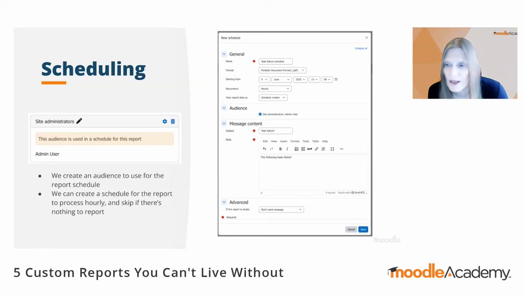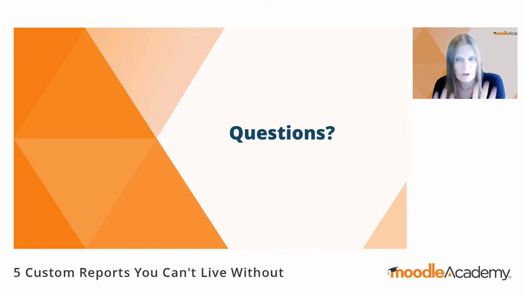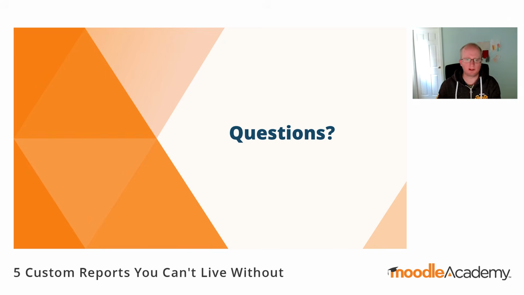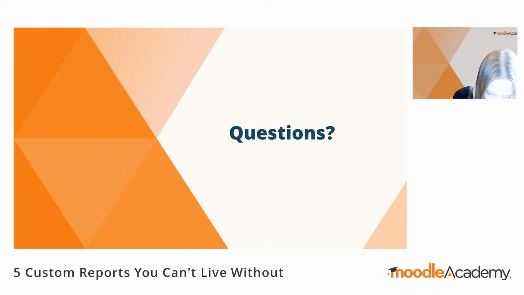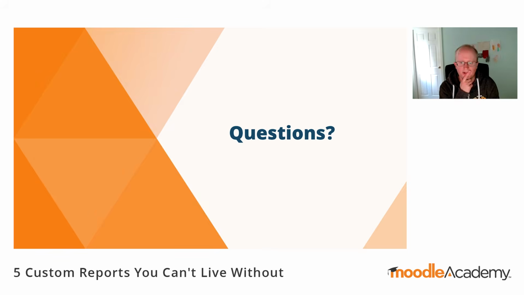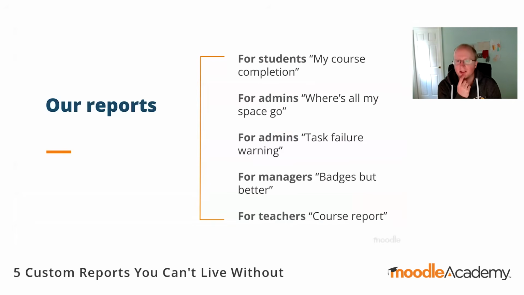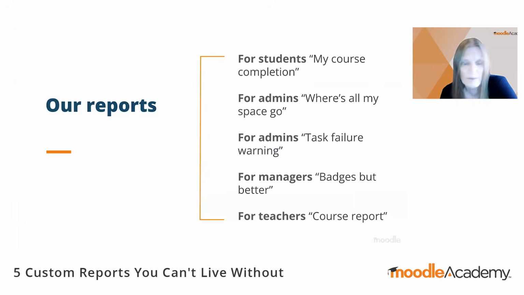Okay. Thank you. Just to clarify, then, so you've done 5 custom reports. Can you just remind us of the source of each of those custom reports? Yes, of course. I have here. So for the student, the My Course completion, the source of that one was course participants. Course participants, okay.